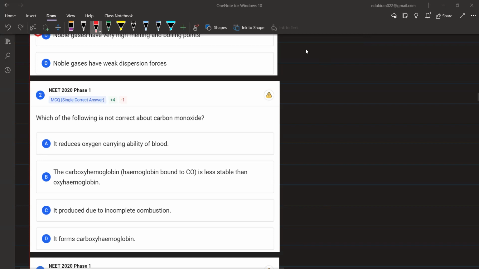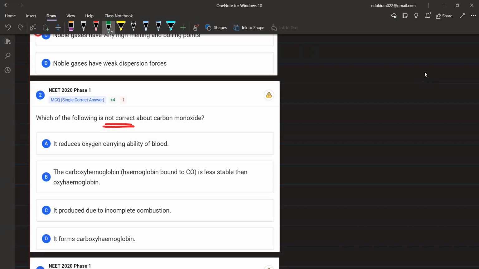Hannah, you have to tell me which of the following is not correct. No, no, no. Okay. See, all of the following statements are correct, except the earlier correct. See, both carbon monoxide and carbon dioxide can get attached to hemoglobin.